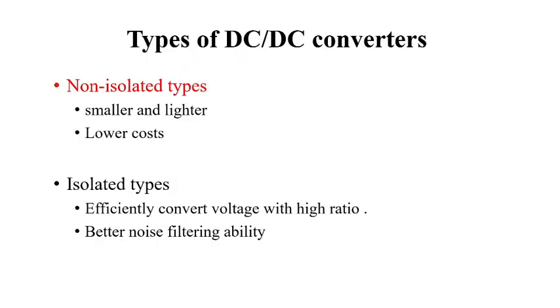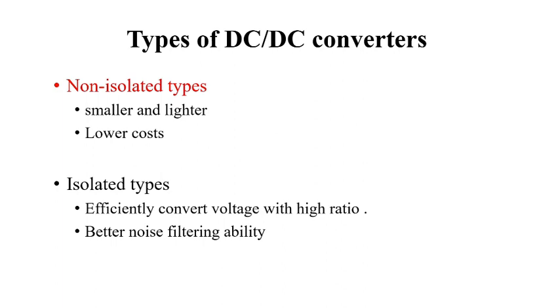Broadly, we can classify these converters into two categories: non-isolated type and isolated type. In this session we are discussing only the non-isolated type DC to DC converters. Non-isolated type DC to DC converters are very small in size, lighter in weight, and have lower cost compared to the isolated ones.